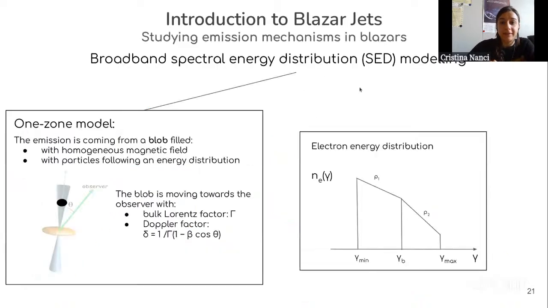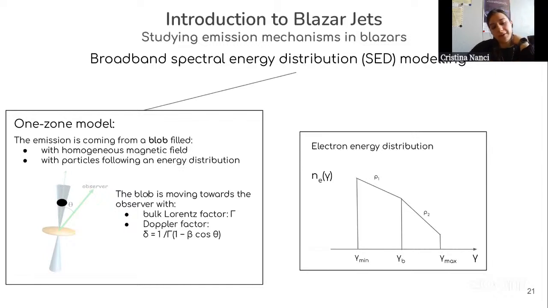Okay, we study the blazar emission mechanism through observations and through SED modeling. The simplest approach to do this is to assume a one-zone model in which the emission is coming from a blob that is filled with homogeneous magnetic fields and with particles that follow a particle distribution.